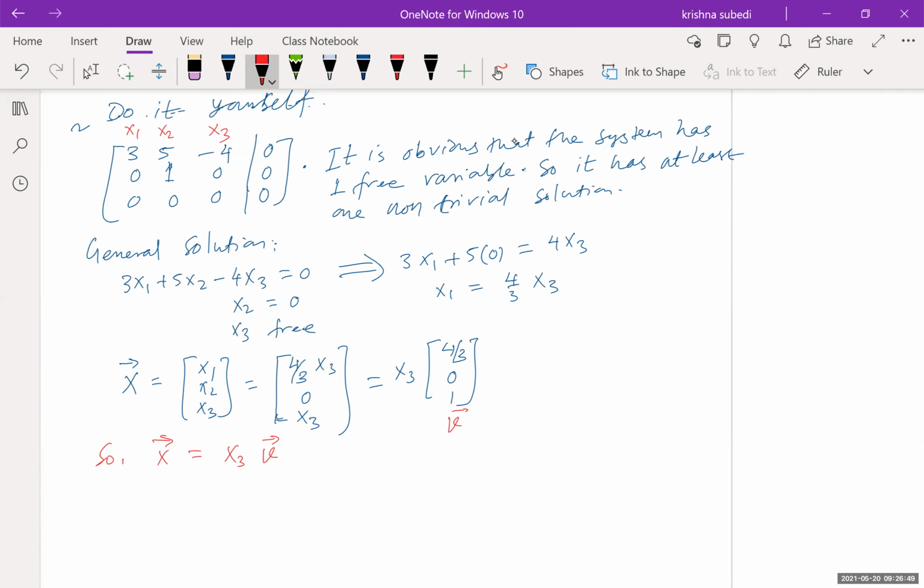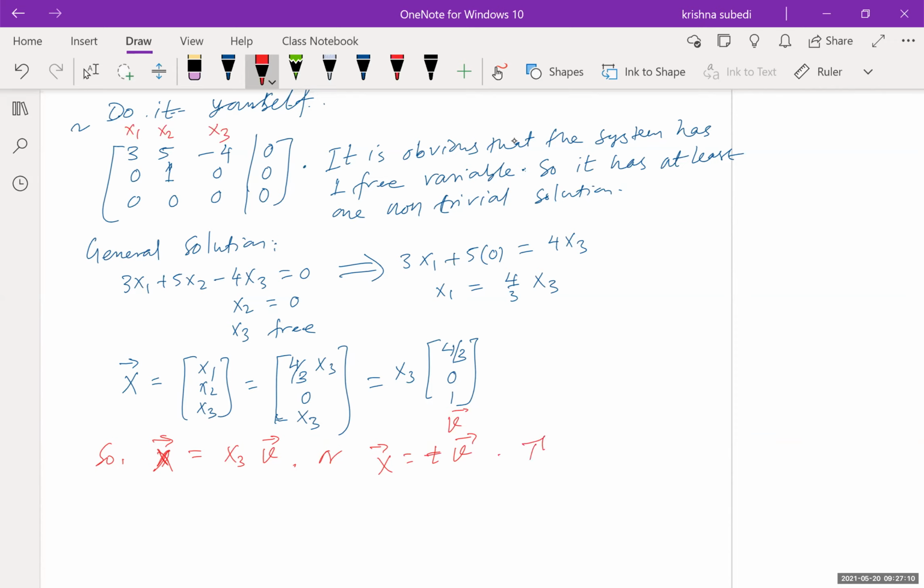Okay, in general, when you have the system, when you have this form, then generally what we do is we can write x equals tv. x3, I want to replace that by t. That's what we do in general. Our parameter is t.